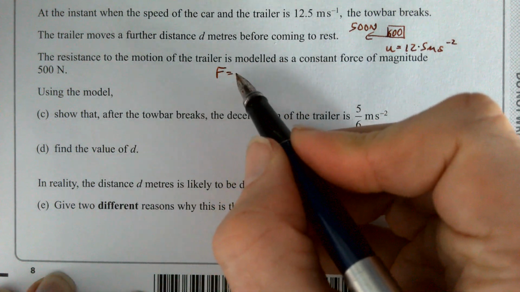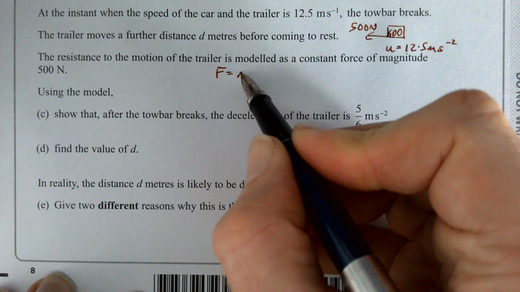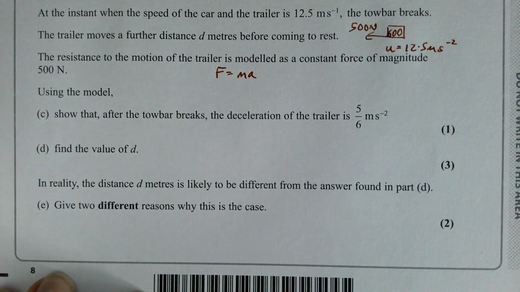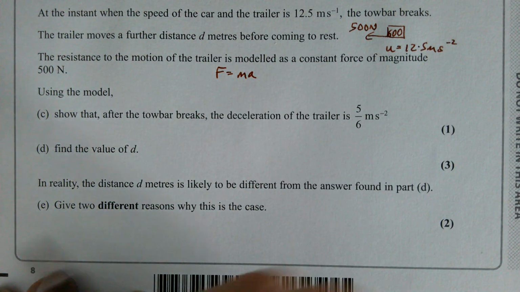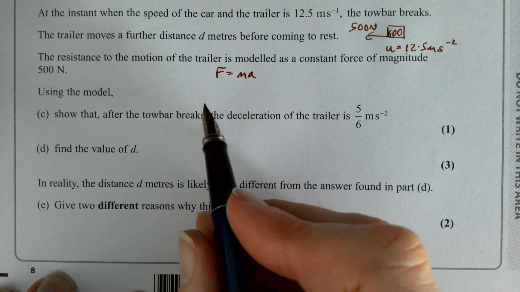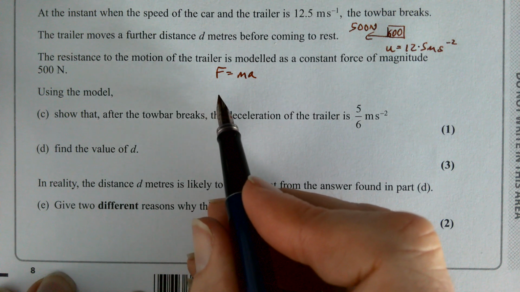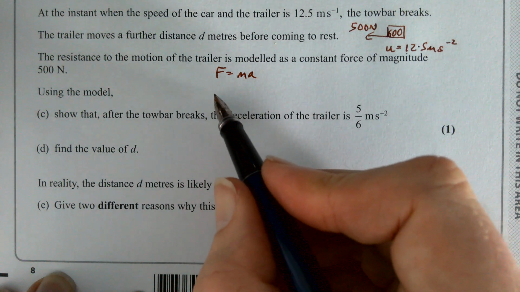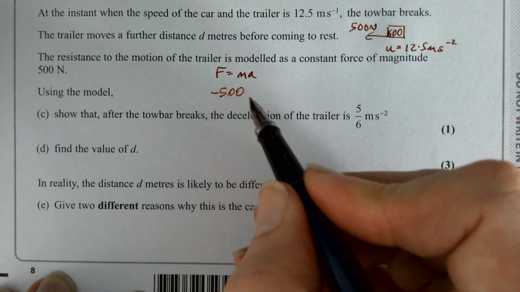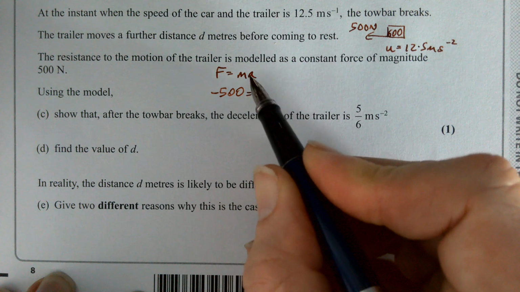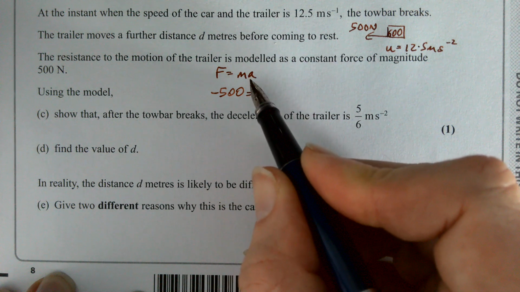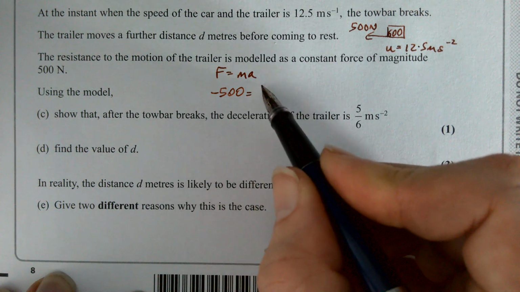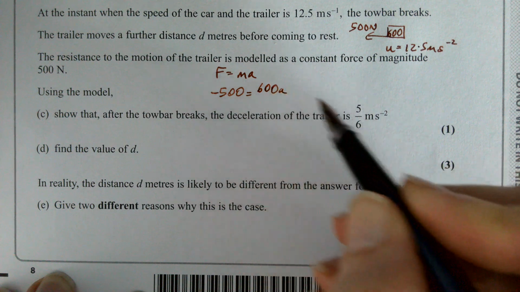So F equals ma. You've got minus 500, because it's going against it, isn't it? That is going to be equal to the mass, 600, times the acceleration.